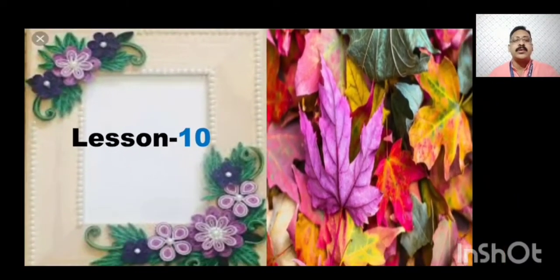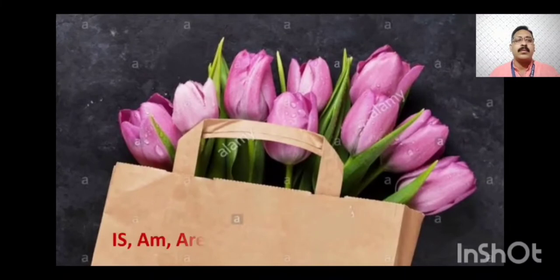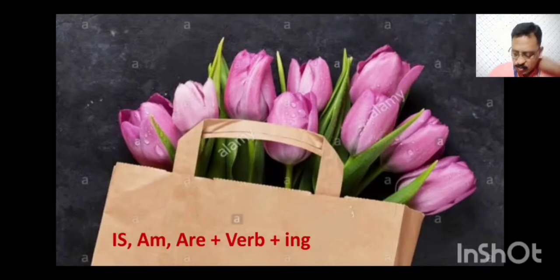Lesson: is, am, are plus verb plus ing. So how to use this helping verb is, am, are along with the main verb. This is about the lesson. So today I will teach you this lesson.